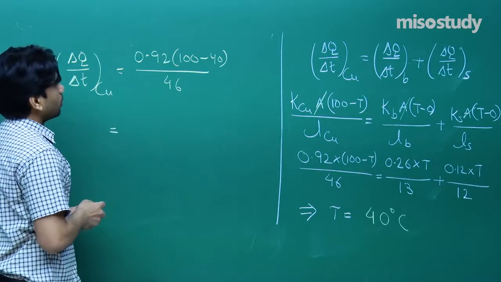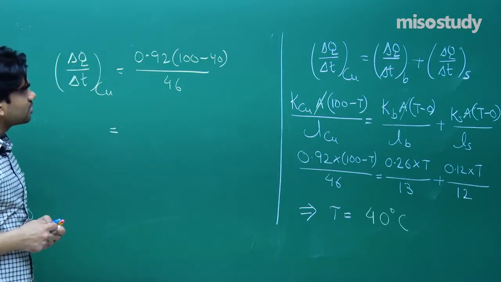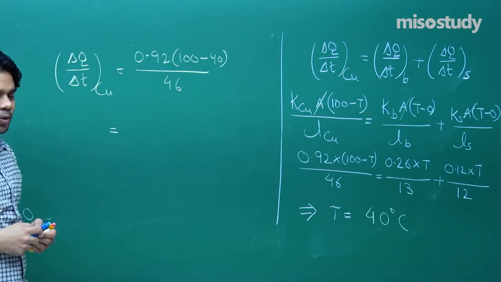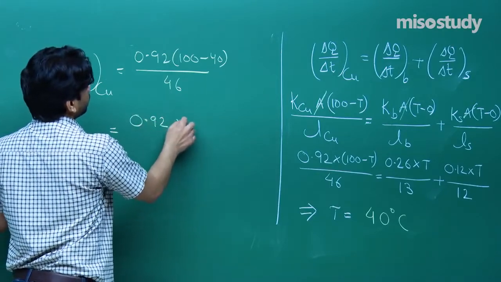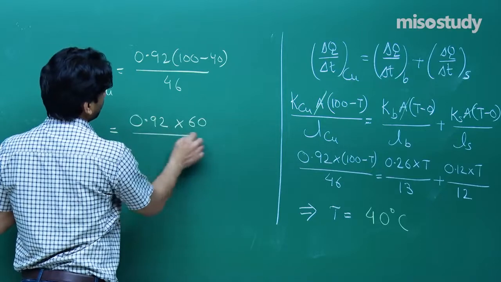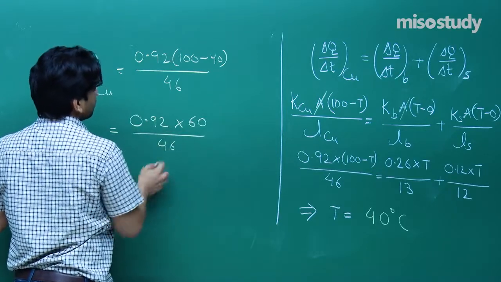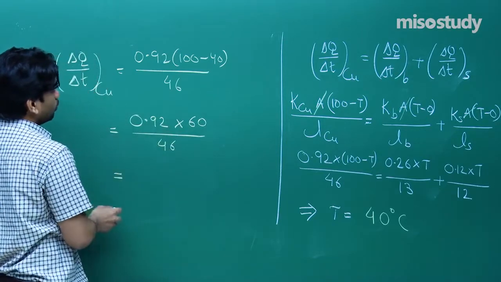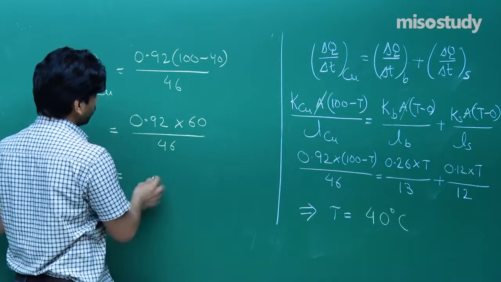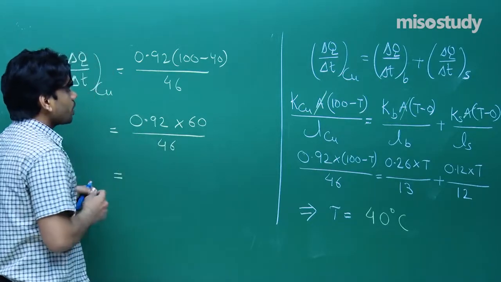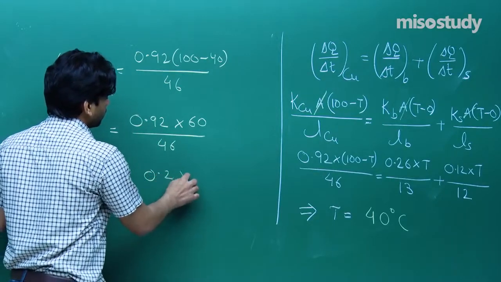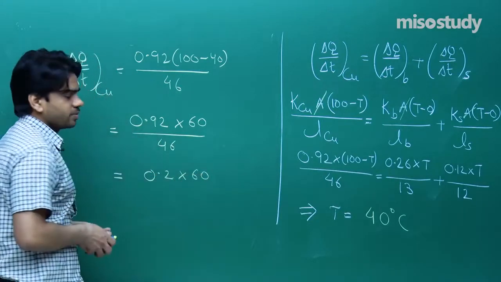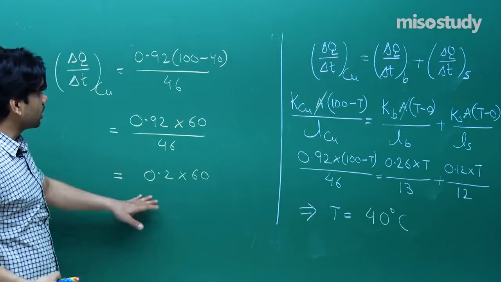So you will be obtaining the answer in proper units. So 0.92 into 60 divided by 46 will come out to be 0.02 multiplied with 60, that is what you are going to obtain. So you can easily comment.